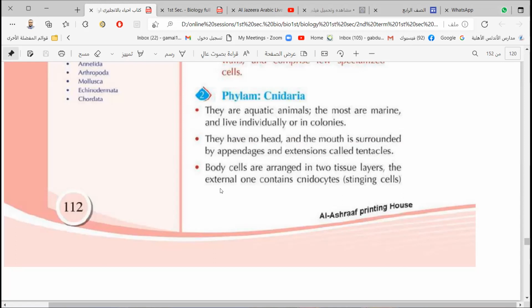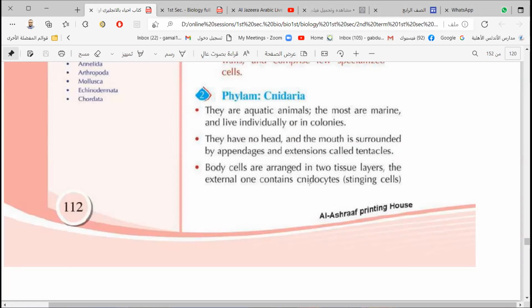Here, aquatic animals, most of them marine and live individually or in colonies. They have head, mouth surrounded with appendages and extensions called tentacles. The body is arranged into two tissue layers, external layer and internal layer, and they have cnidocytes, which are stinging cells.